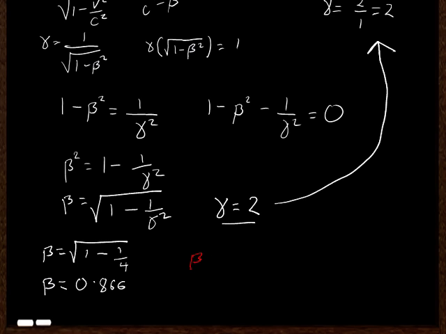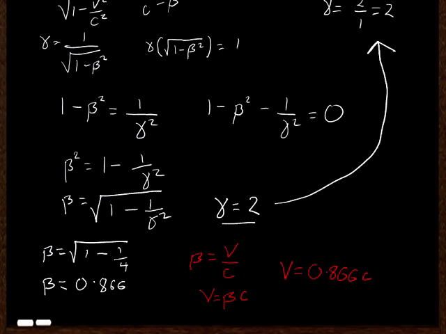And so let's remind ourselves now what beta is equal to. Beta is equal to v over c. Now remember, we want to know how fast the train needs to go for it to fit in the tunnel. So v equals beta times c. So the velocity of this train is 0.866 c, or 0.866 times the speed of light.